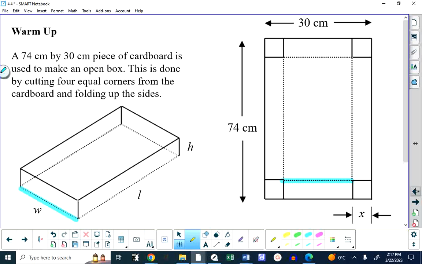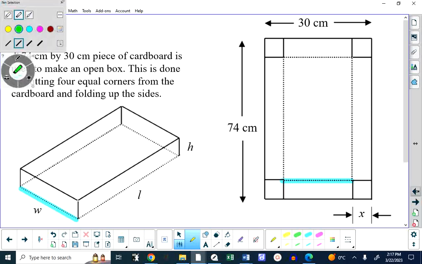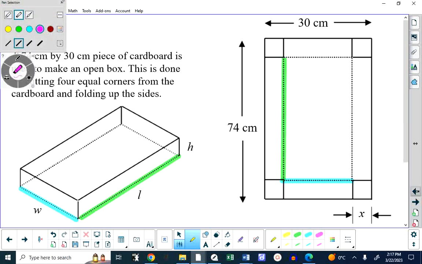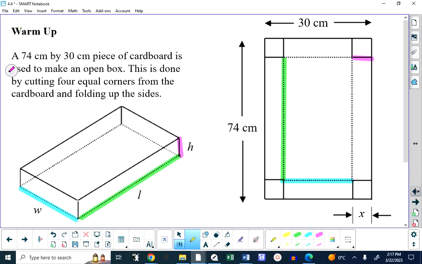The length of the box, once it's completed, will be this, which is explaining why we're taking 74 and cutting off x and cutting off x numerically. But what's important is that the height of the box, this, will be that, because that's the edge that's being folded up to create that third dimension of depth from the top down.